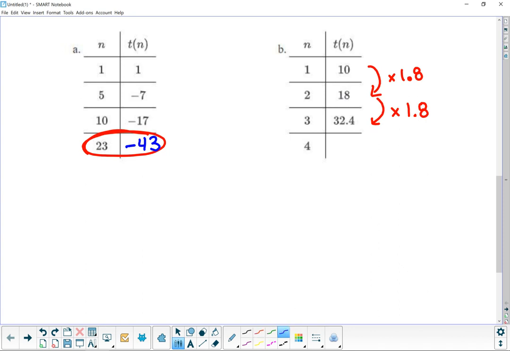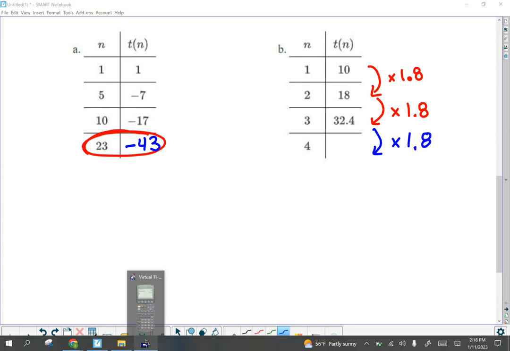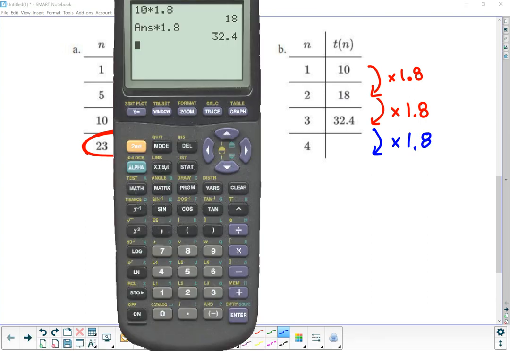So if I want to figure out the last one, I just have to do 32.4 times 1.8. So I've got 32.4, and I'm going to go ahead and multiply it by 1.8. It's going to be 58.32. I used a little shortcut on the calculator, but you can do 32.4 times 1.8, and it's the same thing, 58.32.